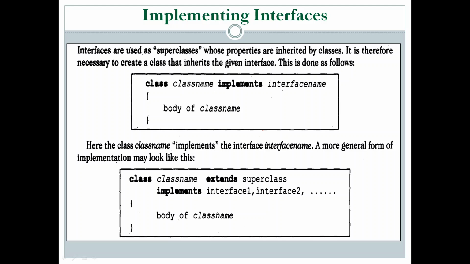But when one class inherits from an interface, then it is called implementing interfaces. What is implementing interfaces? When a class inherits from an interface, it is called implementing interfaces.